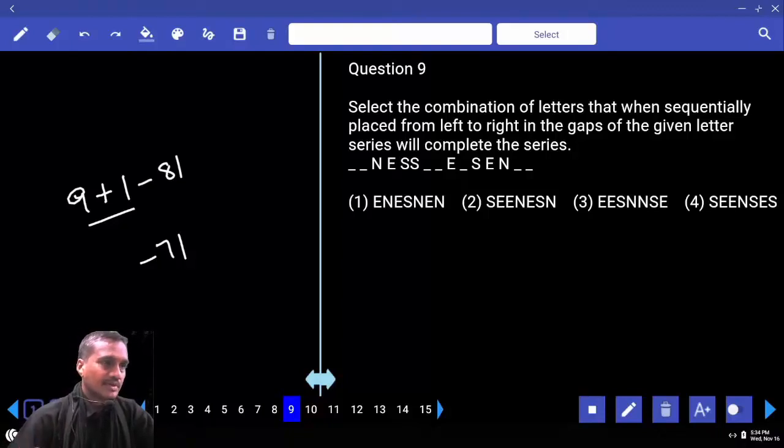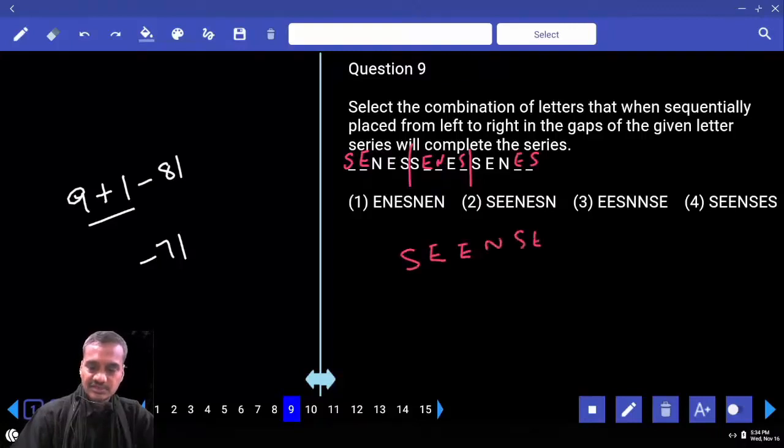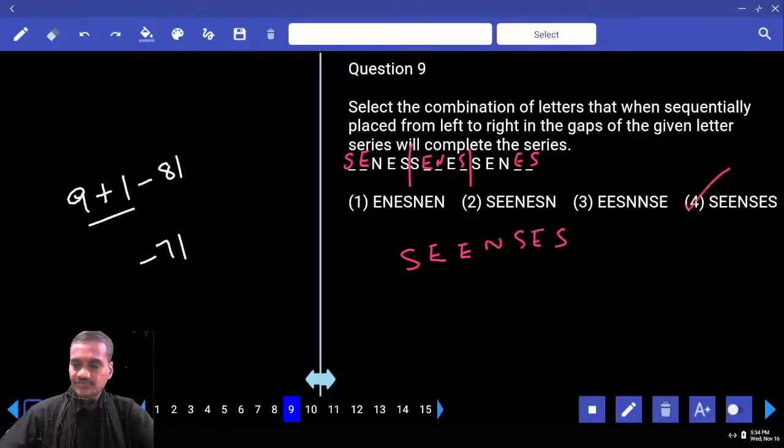And 1, 2, 3, 4, 5 if you divide. Now first SEN, here also SEN, ES. Then what are the terms that are left over here? SEN, SES. Choice 4 for question number 9.